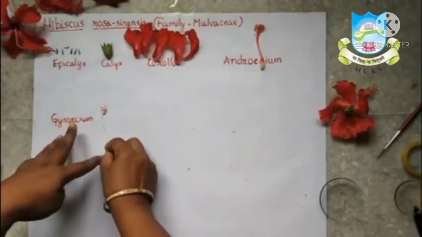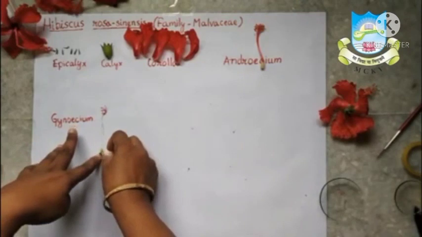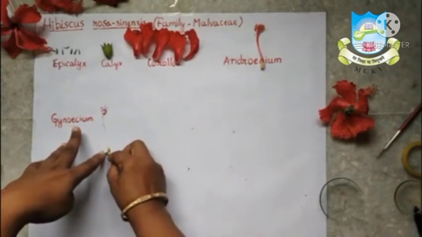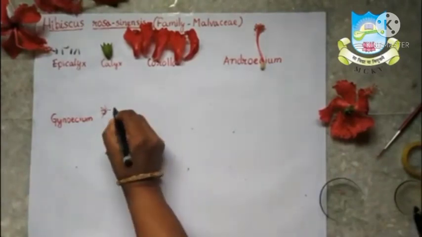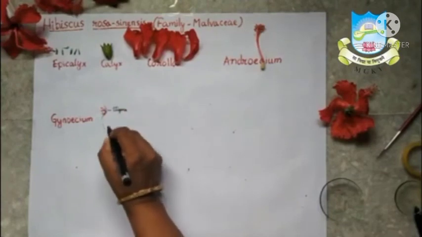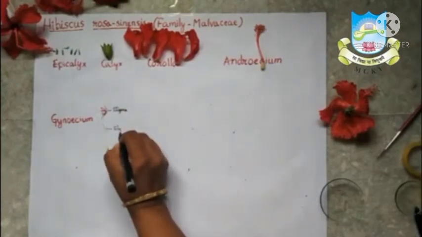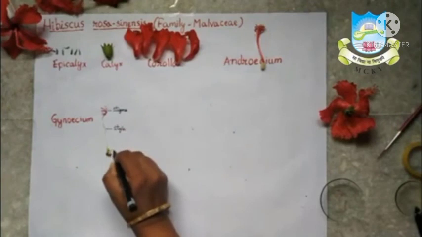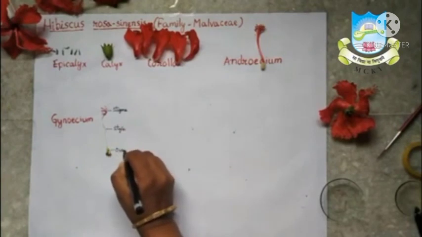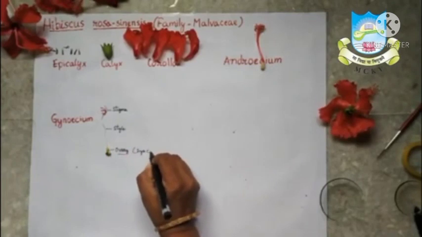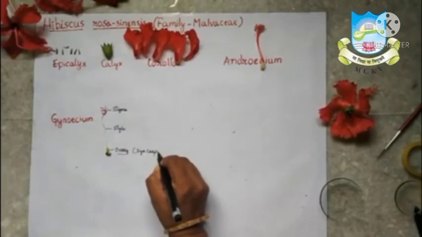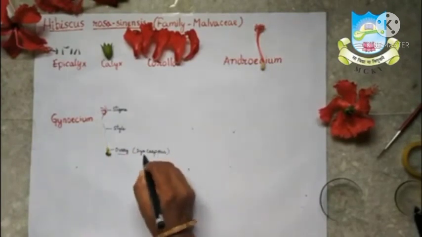Comprising of stigma, style and ovary. So this is the stigma, this is the style, and this is the ovary. This ovary is syncarpous ovary. Why syncarpous?